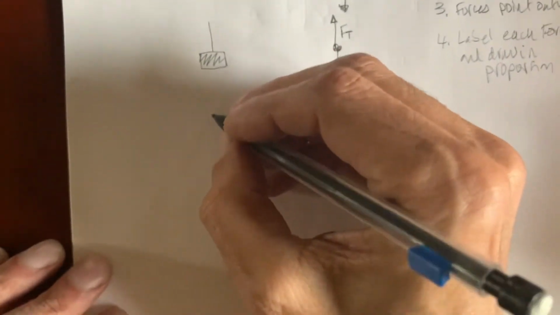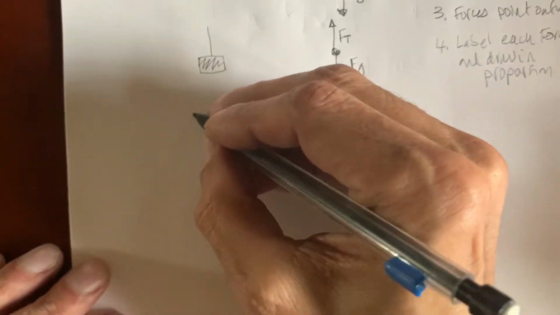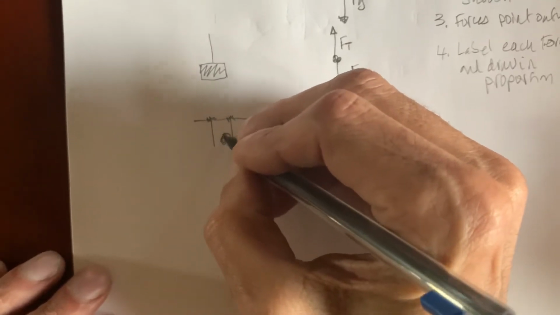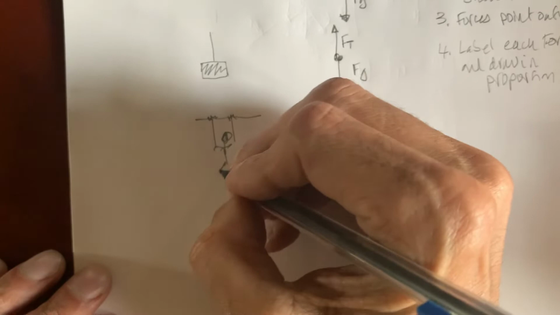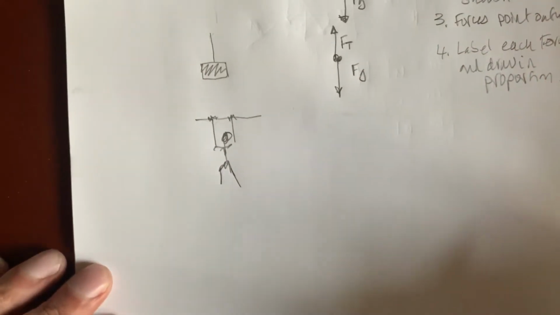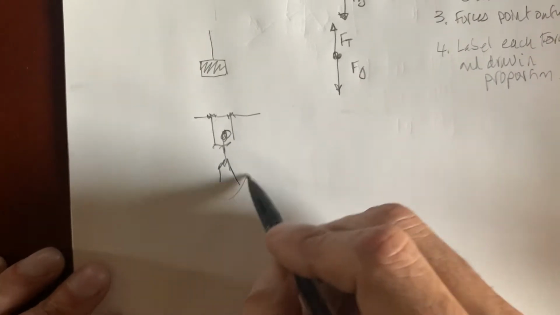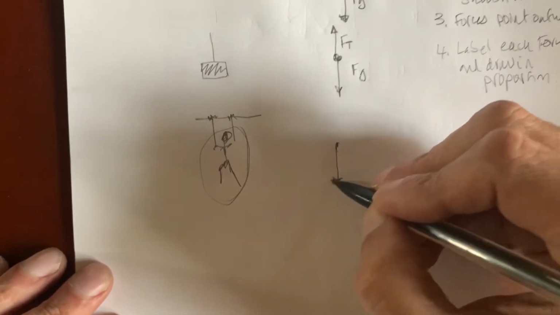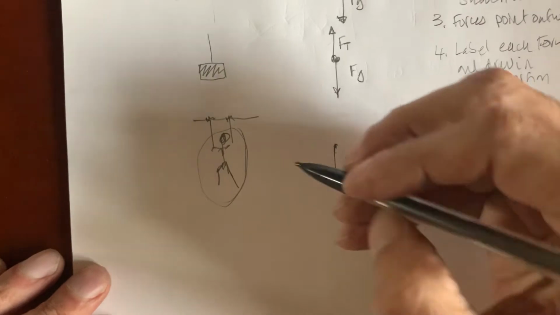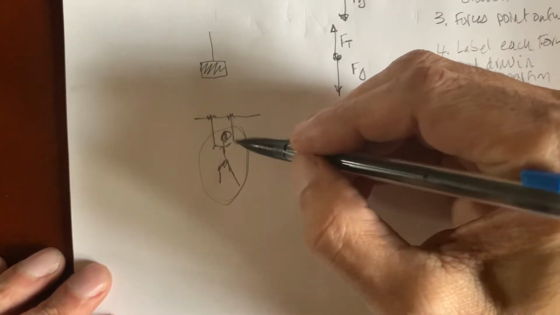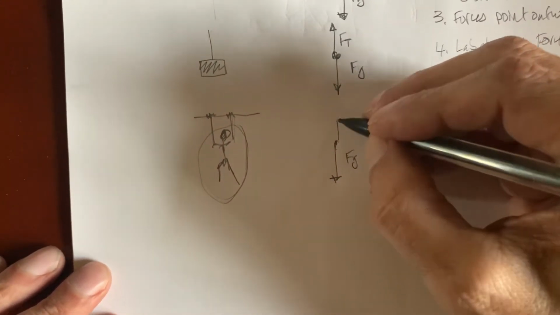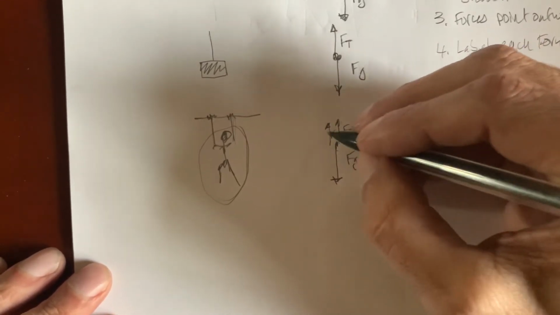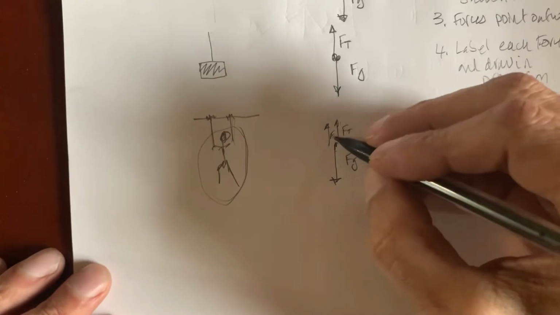Let's look at a guy hanging from a pole. What are the forces acting on this body? We have the force of gravity pulling him downwards, and it looks like we have two tensions acting upwards, which you can draw as FT, FT, making sure that these two add up to about the same size as this.